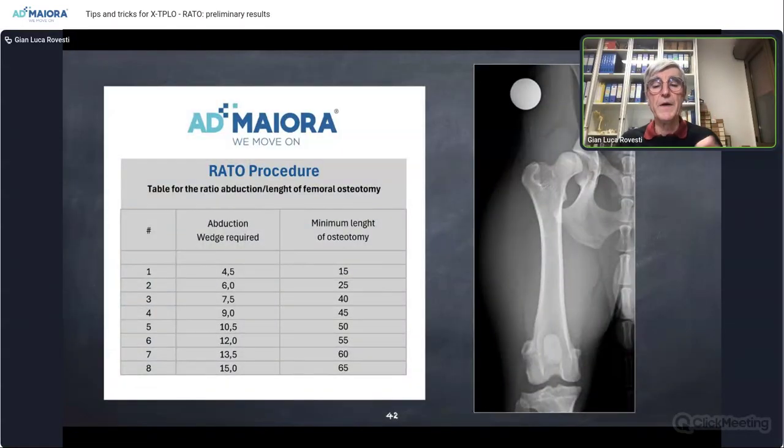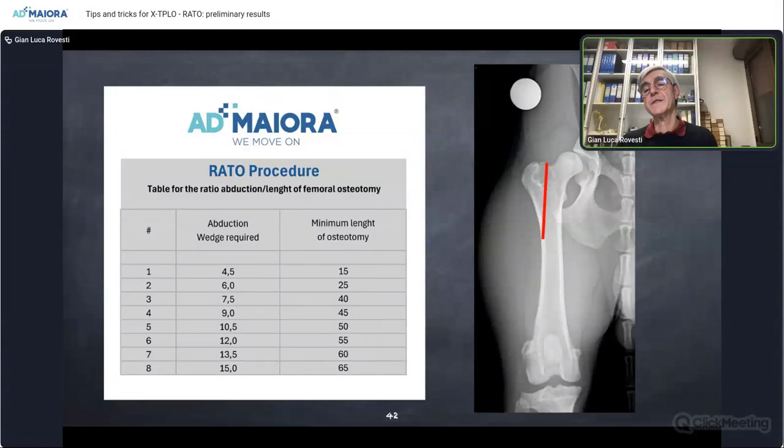We have a table for each measure. We can see that for 9 millimeters of abduction, we need at least a 45 millimeter osteotomy. This is why we should take the reference from the table and put the drawings on the X-ray.